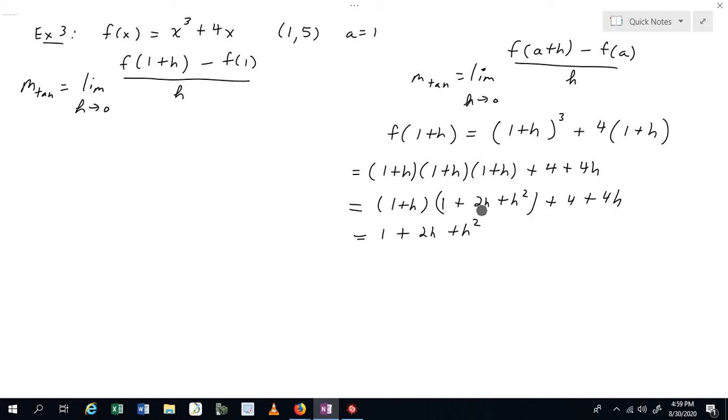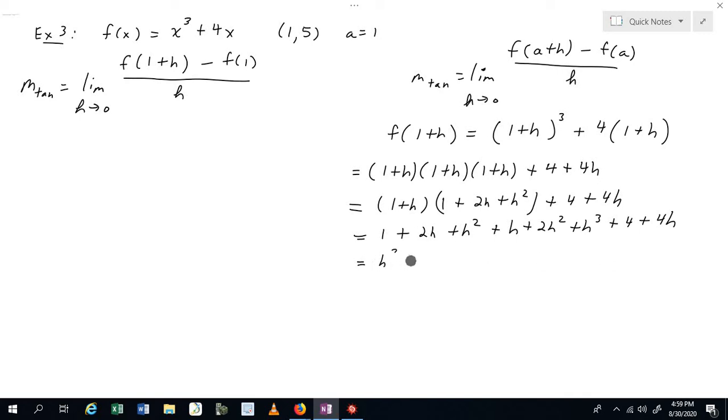And then multiply each of these by h, and notice you get h, and then 2h squared, and then plus h cubed. And then of course you got to add 4 and then 4h. And now let's just simplify this by adding up like terms.